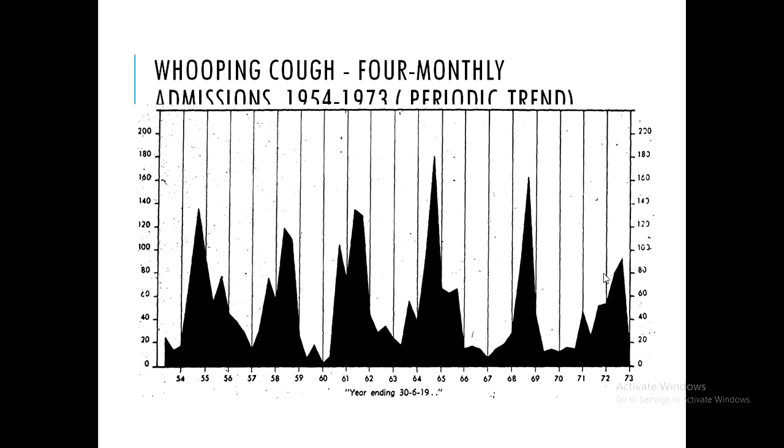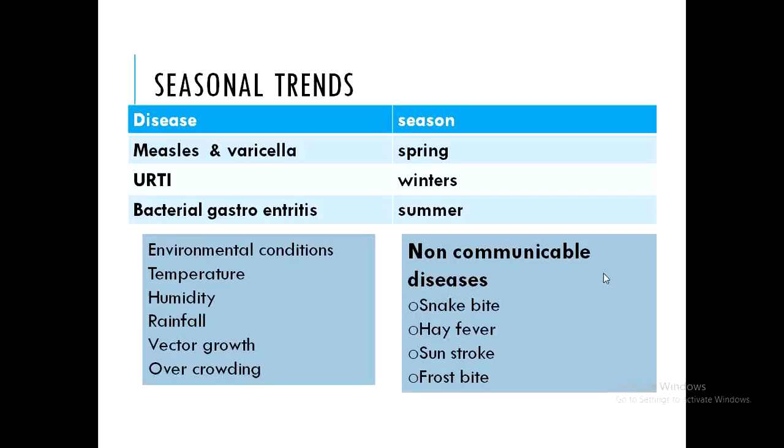So there is seasonal fluctuation in the number of cases which are presented, and this seasonal trend depends upon the temperature of the environment, the humidity, the rainfall, overcrowding, and the life cycle of the vectors. Multiple factors affect the disease transmission in that particular season.